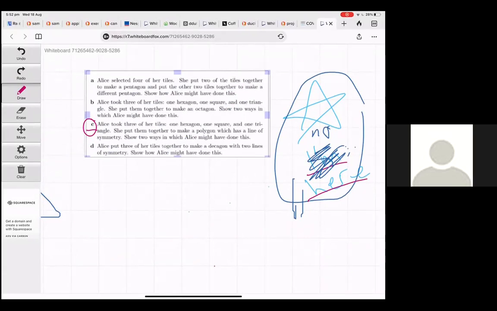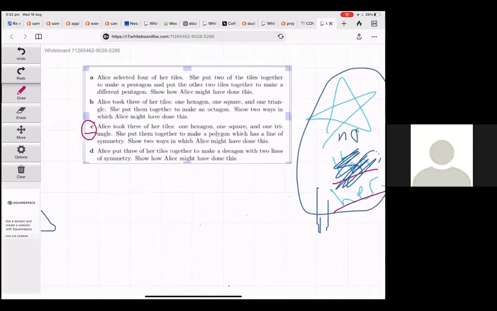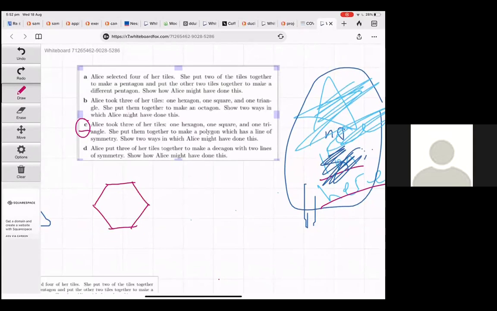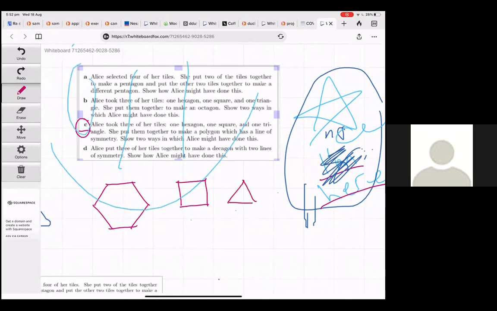If your connection keeps getting lost, just focus on the Zoom screen because I'm starting the question now. So it's the same question. Alice has the same shapes, just one hexagon, one square, and one triangle.